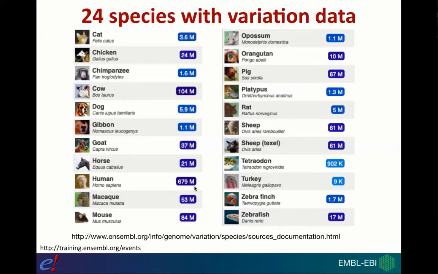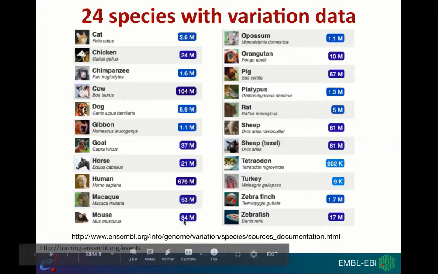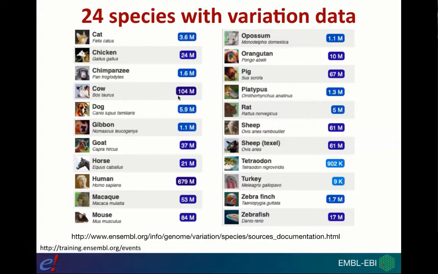But there are also lots of variants that have been identified across model organisms such as mouse and rat. And then also the agricultural species have been very well studied as well, so looking at things like cow and also horse, pig, and sheep, for example.